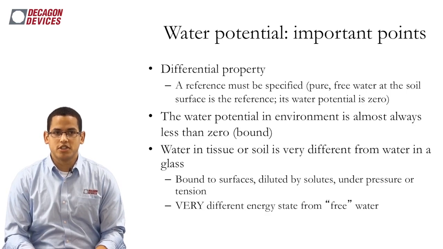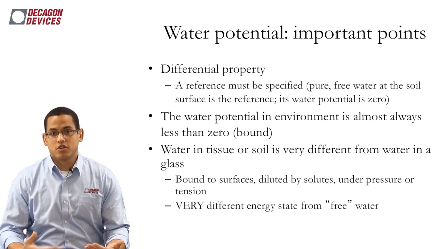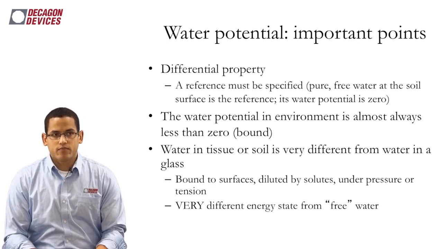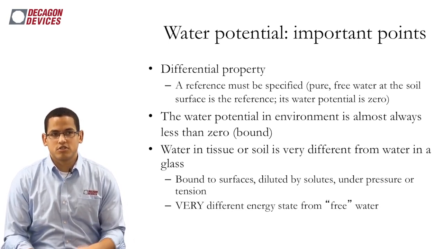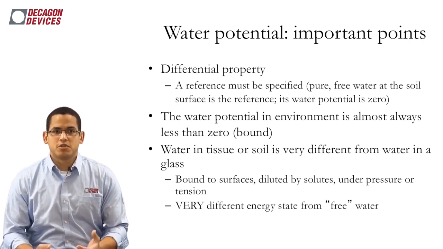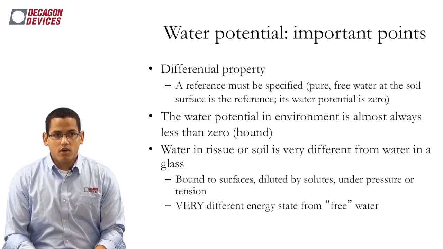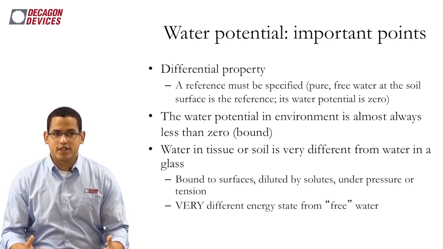The water potential in the environment is almost always less than 0, a negative value. This would be different, for example, in saturated or ponded conditions, but typically in the environment it is almost always less than 0. Water in tissue or soil is very different from water in a glass.